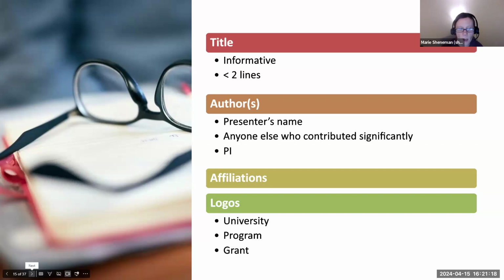The Trellis program, grab the Trellis program logo. FMP, grab the FMP. All of those are on our website. And if you can't find them, you can reach out to us. And if you know that you're supported by a grant, for example, your PI might have an NIH grant, then you can include information about that as well.